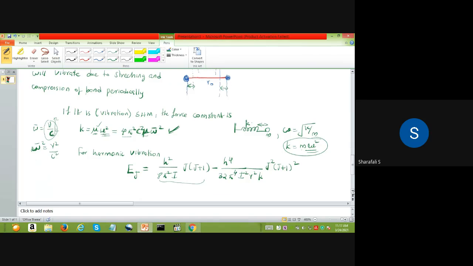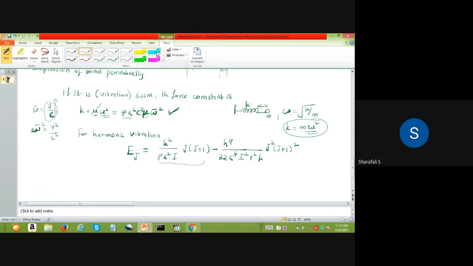As you can see from here, this part is from the vibrational effect, if it is harmonic oscillation. Then I can replace this with E bar. In different textbooks it will be denoted differently.